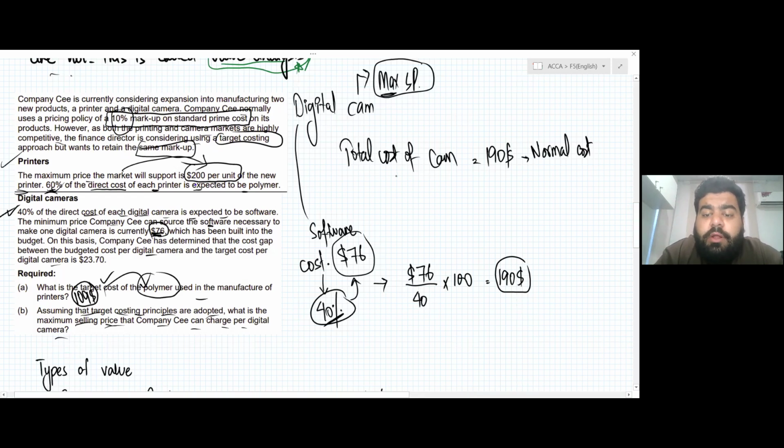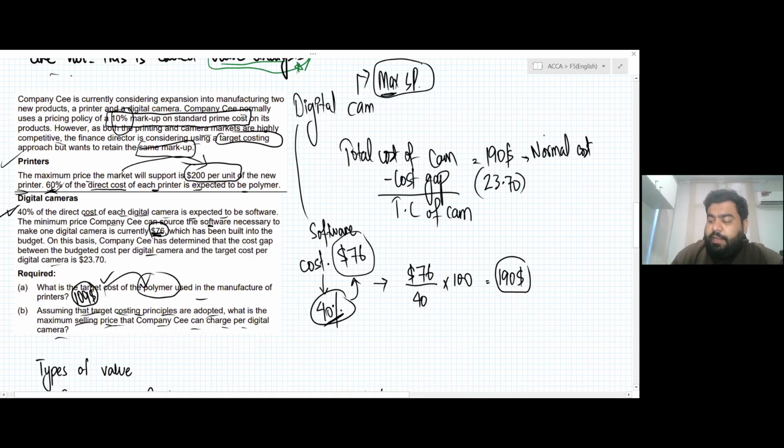First we have to deduct the cost gap from it so that we get the target cost of the camera. The cost gap was 23.70. So 190 minus 23.70 is 166.3. It's the target cost of the camera, because 190 was our normal cost, 76 was the normal cost of software divided by 40 into 100. We will not apply the 10% markup to calculate selling price on 190.